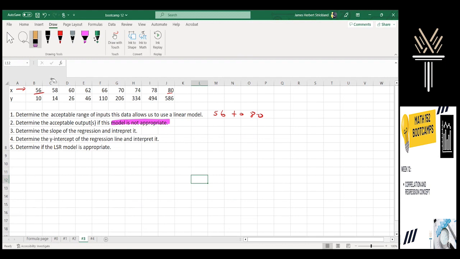If the model is not appropriate, it means that x cannot be used to describe y linearly. And if x can't describe y, how else do we know how to describe y? We would describe y as a single set of data, by itself. And so if we want to predict the most common value for y using only y, we would simply find the average of y.